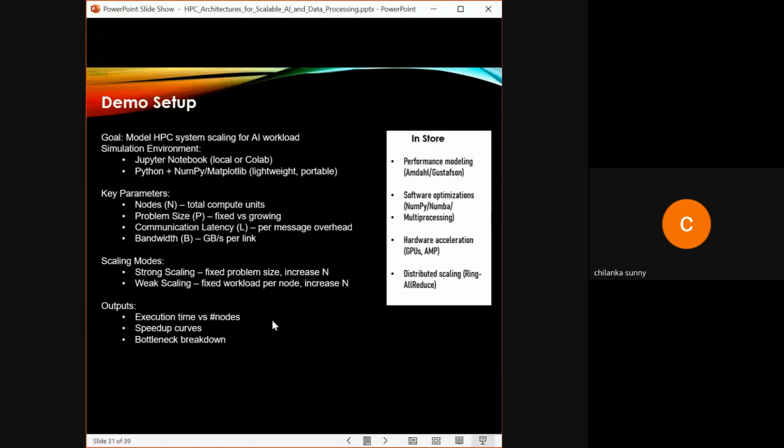We'll explore both strong scaling and weak scaling. And the outputs will show the execution time versus nodes, the speedup curves, and the breakdown of performance bottlenecks, letting us see how parallelism, communication, and hardware features will impact real AI performance.